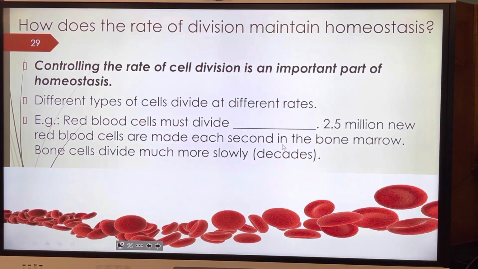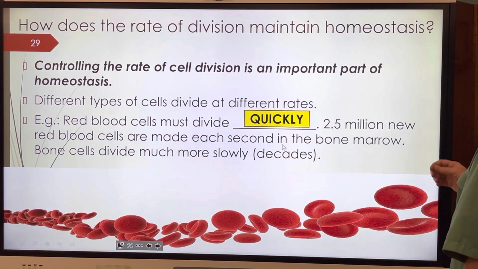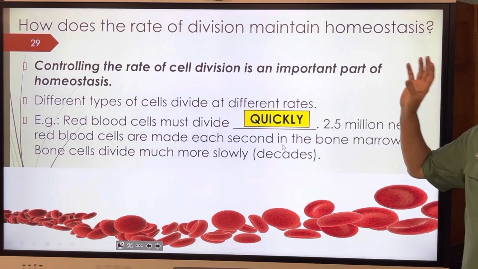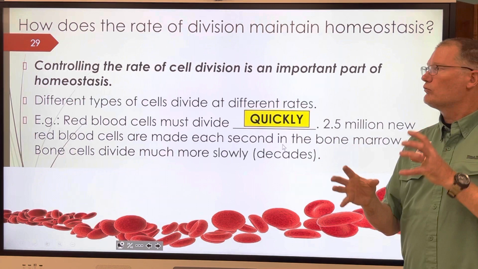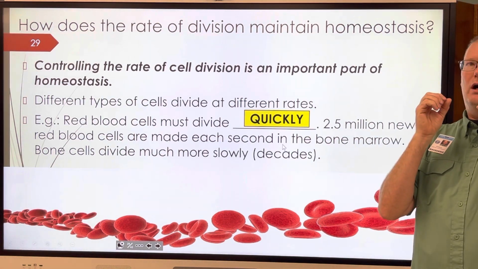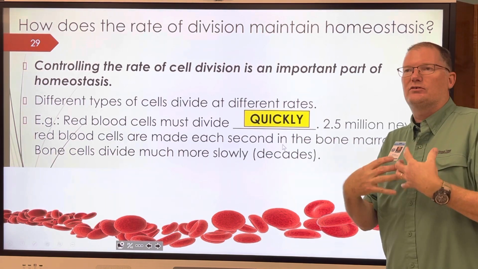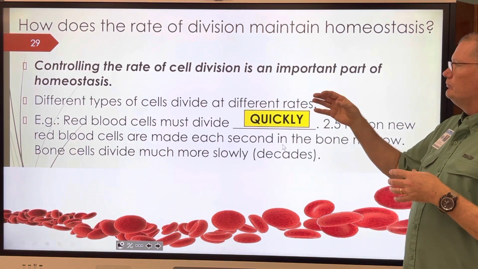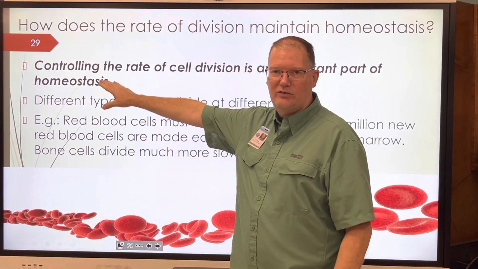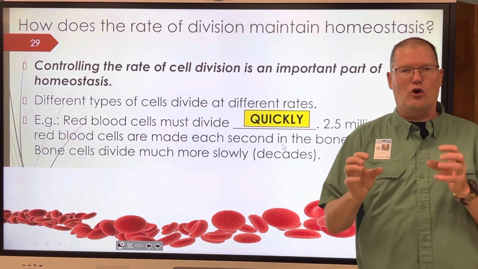So how does the rate of cell division maintain homeostasis? Different types of cells divide at different rates. Red blood cells, for example, must divide quickly, but there are other cells that divide at different rates. In order to maintain an organism's ability to remain stable, that's what homeostasis means.